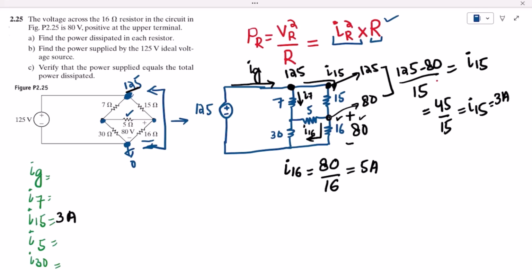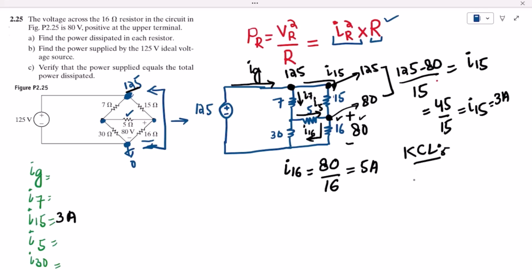This is already known here. So when this current is known, which is coming towards this node, let me find out this I5, which is also coming towards this node. These two, I15 and I5, are coming towards this one, and these are combined together, and then cumulatively giving me I16. So let me apply the KCL here.